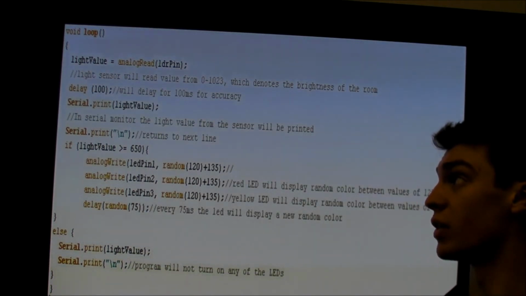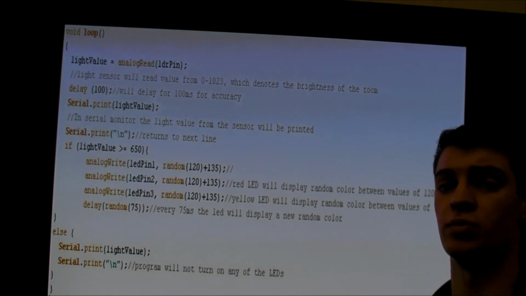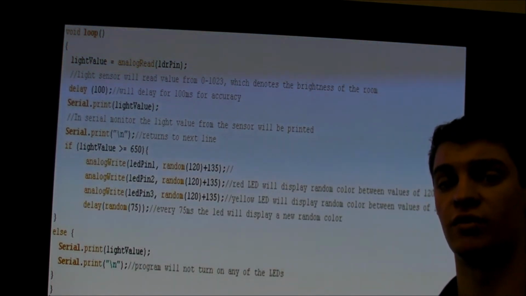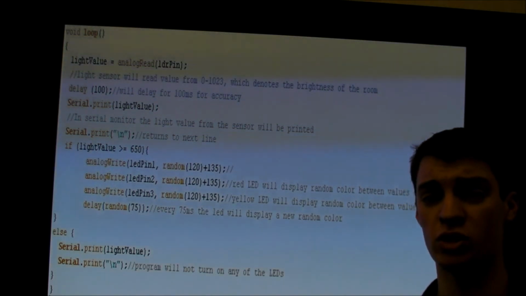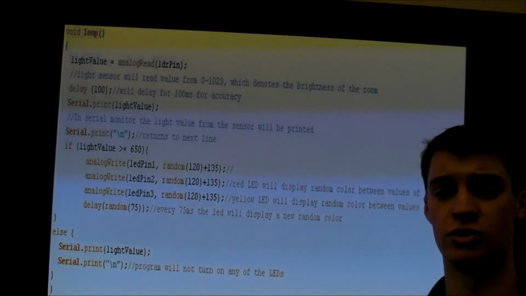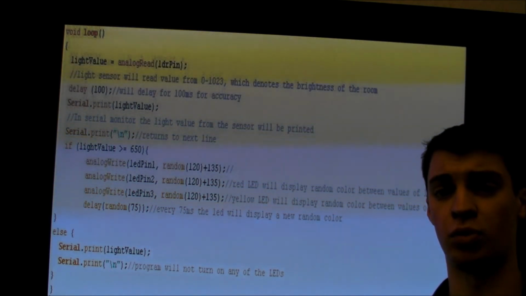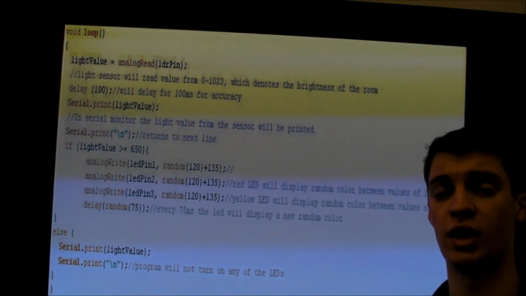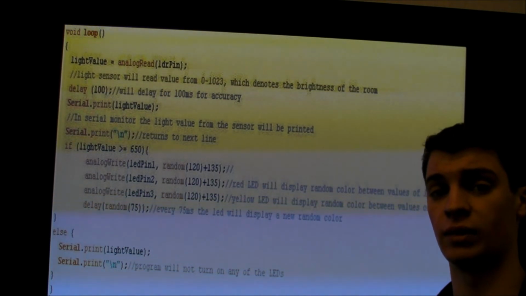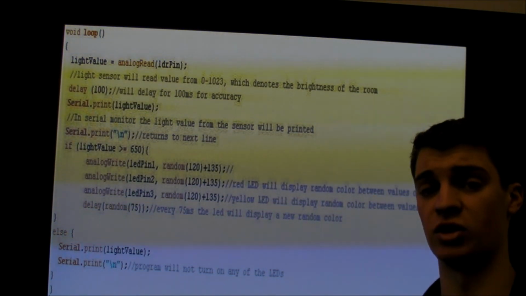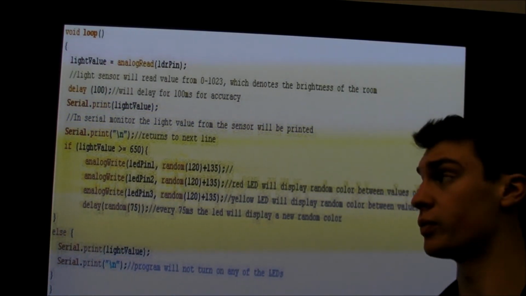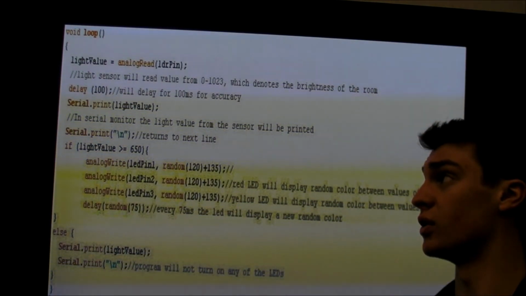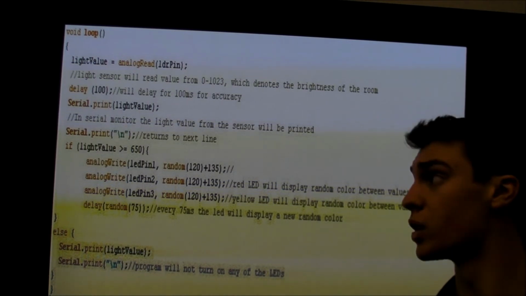But now analogRead(LDRpin) means that the Arduino will read a value between 0 and 1023, which denotes the brightness of the room. So 0 would mean complete brightness, very, very bright, and 1023 would mean very, very dark. It stores this reading in the variable lightValue.